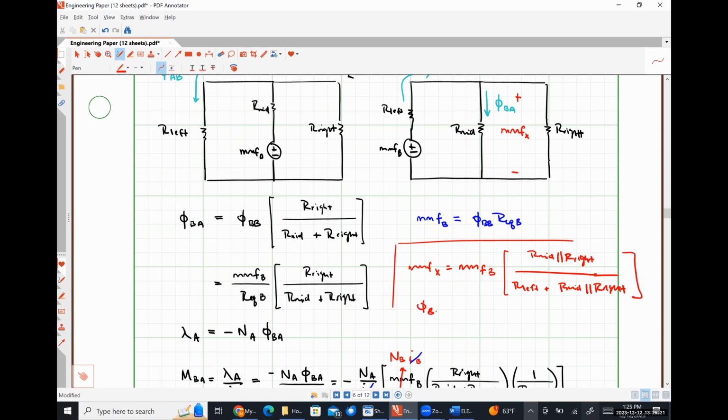And then phi BA was just MMF of X divided by R mid. And then after that point, same steps.